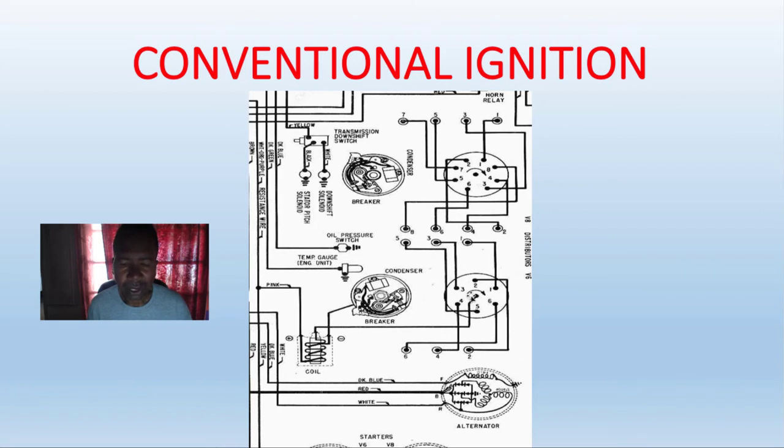As the engine is rotating, these points are going to be opening and closing, and it's going to distribute the spark in the firing order. You see here, it starts at number 1. It always starts at 1. 1, 6, 5, 4, 3, 2. And you're going to distribute spark to each cylinder, to the spark plugs. So it's 2, 4, 6 on this side, and 1, 3, 5 on the other side of the bank. And right here is a V8. Same process.